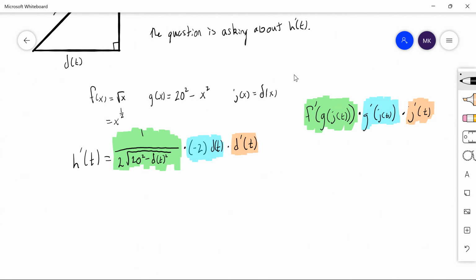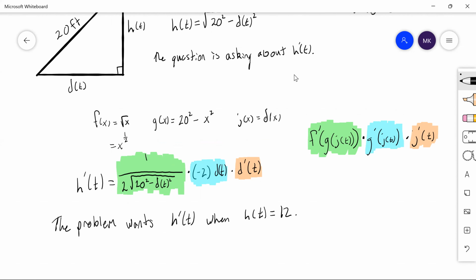So the problem wants h prime of t when h of t equals 12. Now, the problem is that h prime of t formula has two different unknowns in it for us.